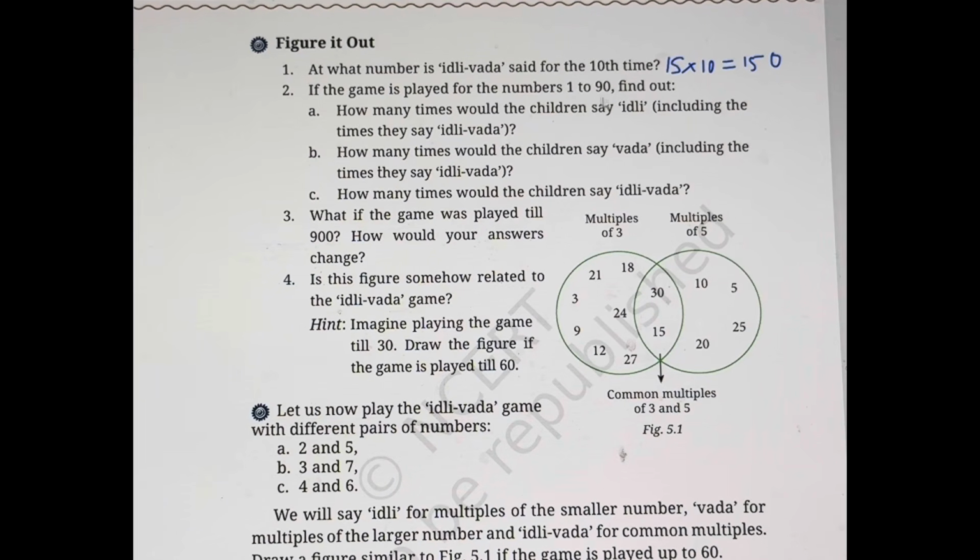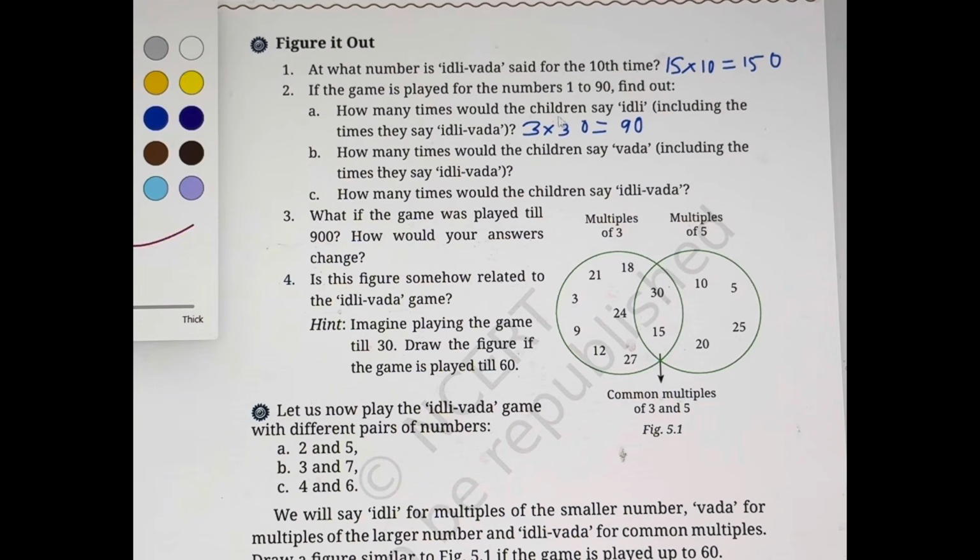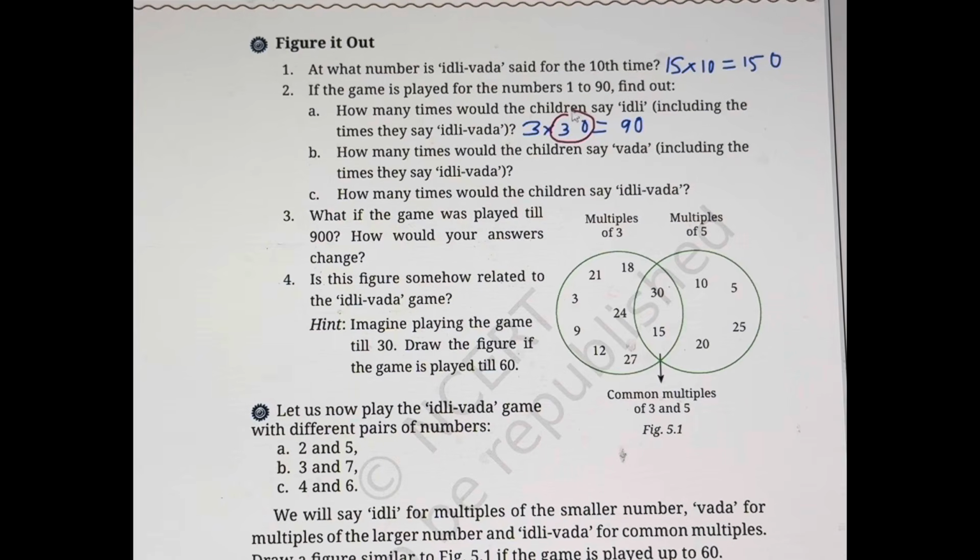The upper limit is 90, so you need to reach 90. 3 into 30 is 90. So how many times would the children say it? They would say it 30 times. So the answer is 30 times.